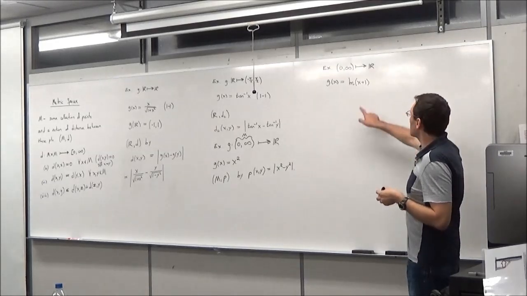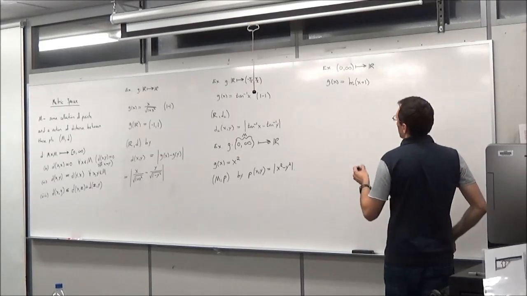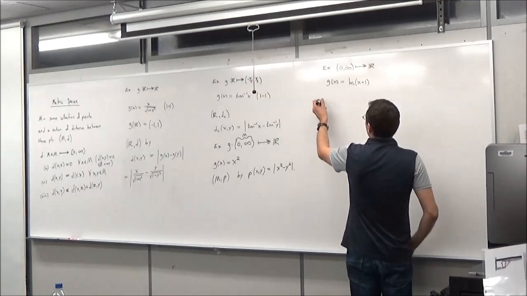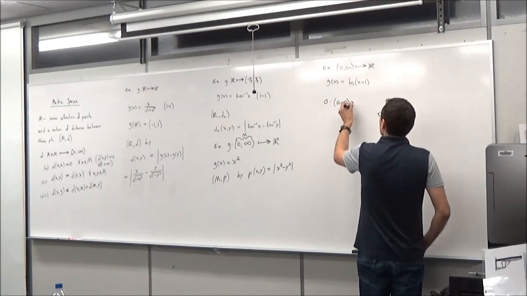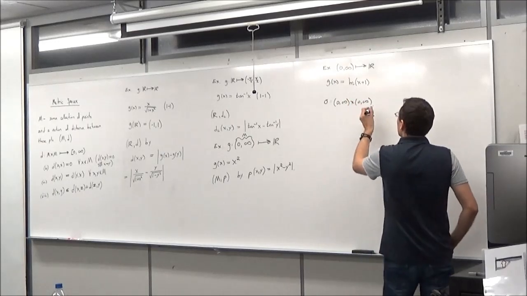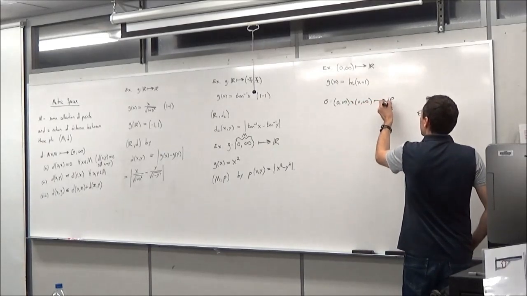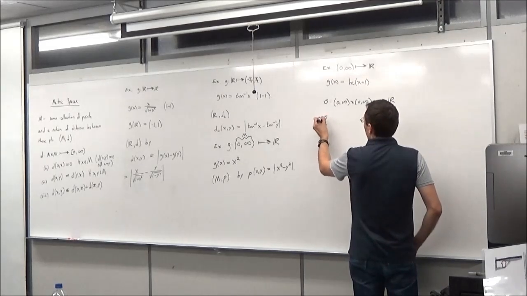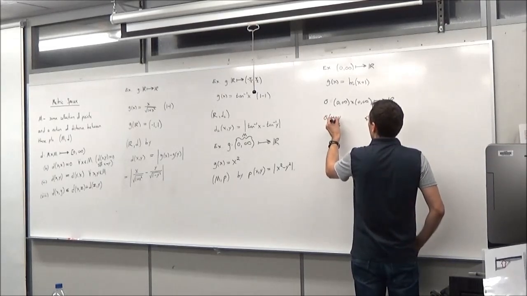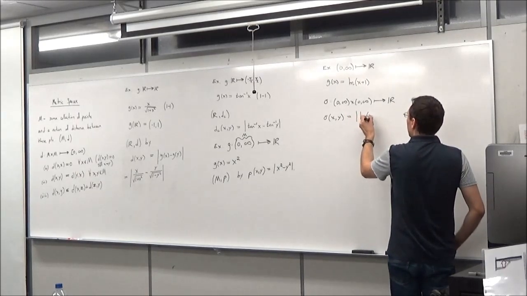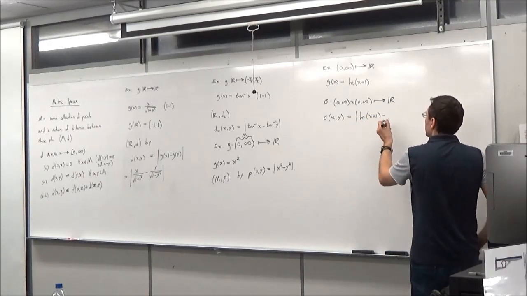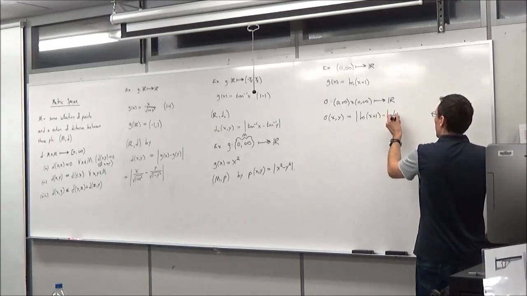Okay? So this is an injective map. And what does it tell us? It tells us that I can define a distance sigma from 0 infinity cross 0 infinity to R, given by sigma of x, y equal to the absolute value of ln of x plus 1 minus ln of y plus 1.